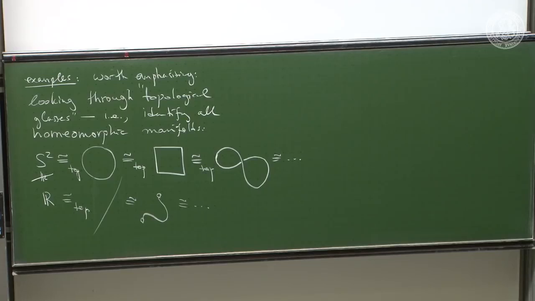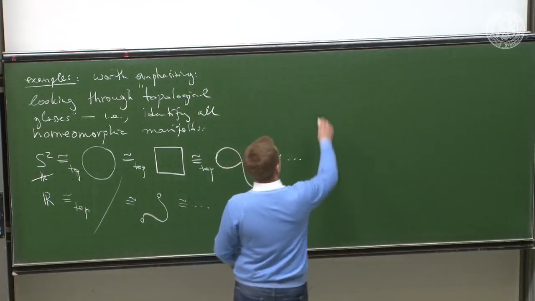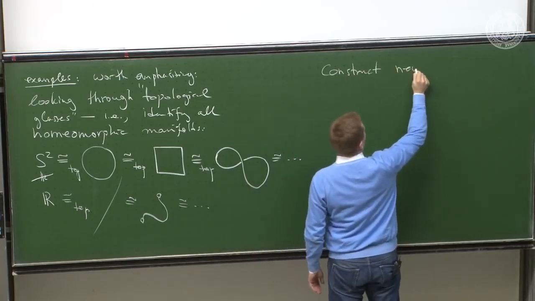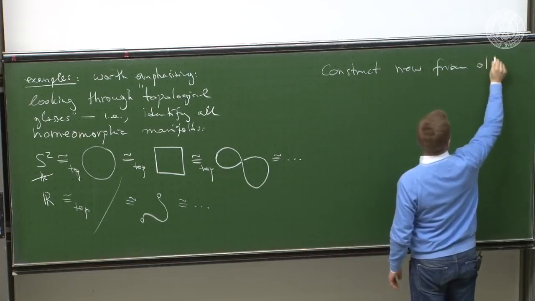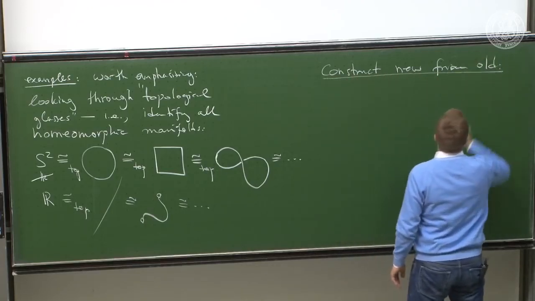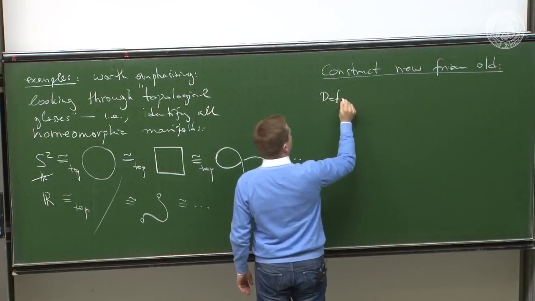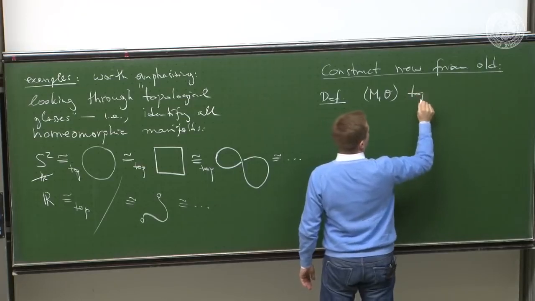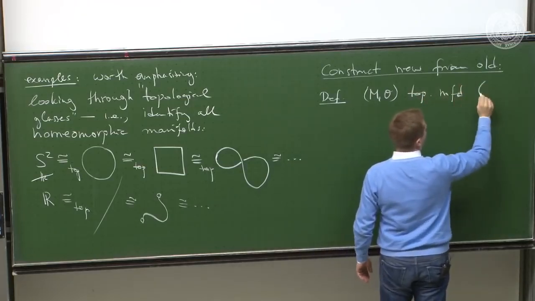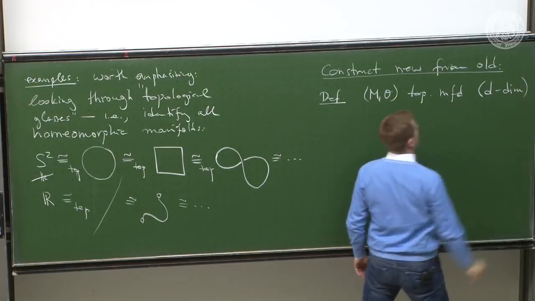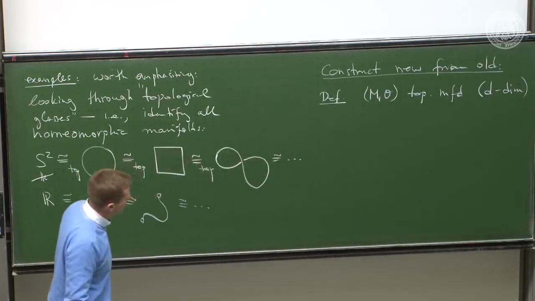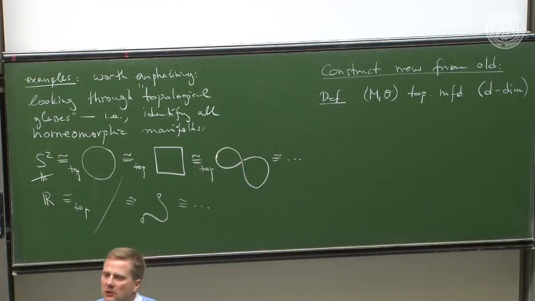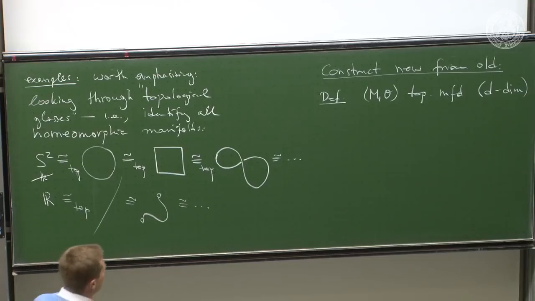Now, as always, we want to construct new manifolds from old ones. A very simple way to do that is to take a topological manifold M. If you wish, you can provide the dimension it should have, because that's part of what a manifold is. For generic topological spaces, there is no notion of dimension, but for topological manifolds there is.